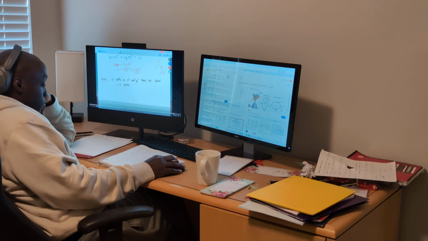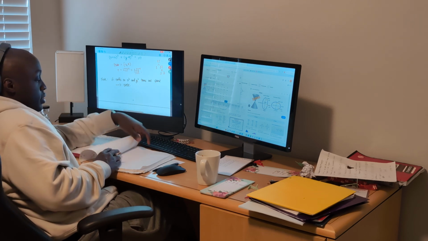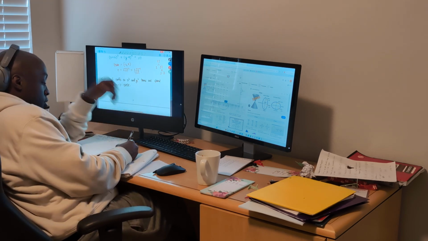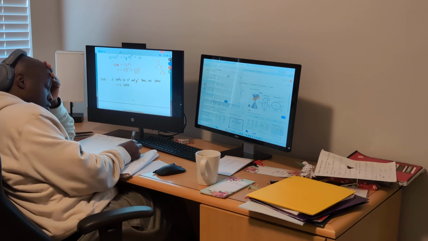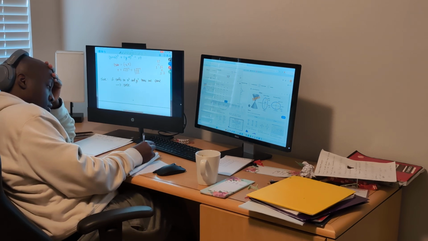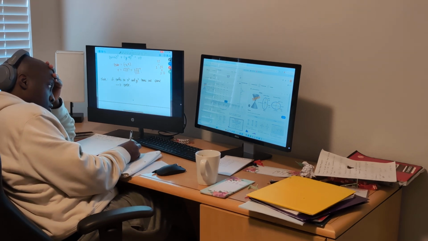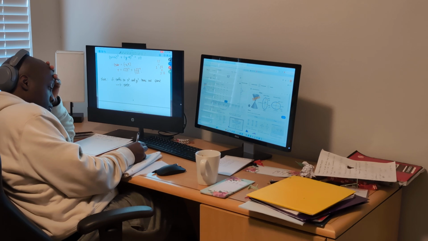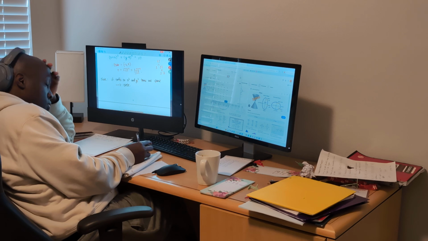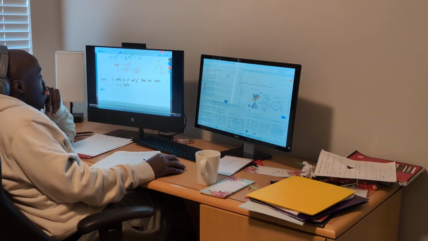So some people think even like this would be a circle. The reason I know it's a circle is because the x squareds and the y squareds have the same coefficient.